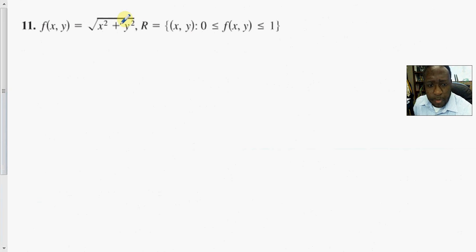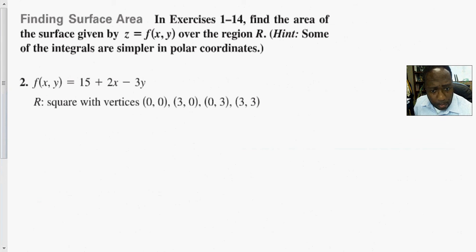This is a circle, right? So f here is inputted here, so here this circle between 0 and 1. So we're going to use polar coordinates. So for this one, we don't have to. This is a square.